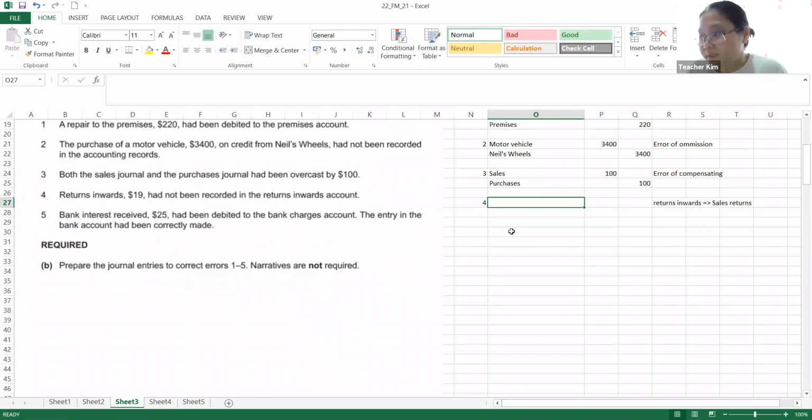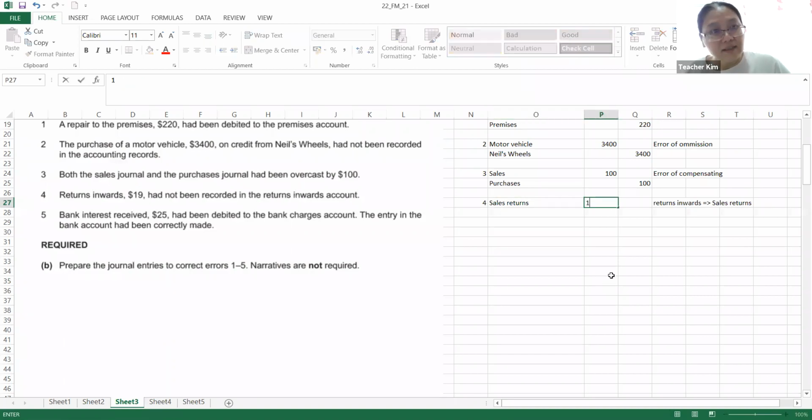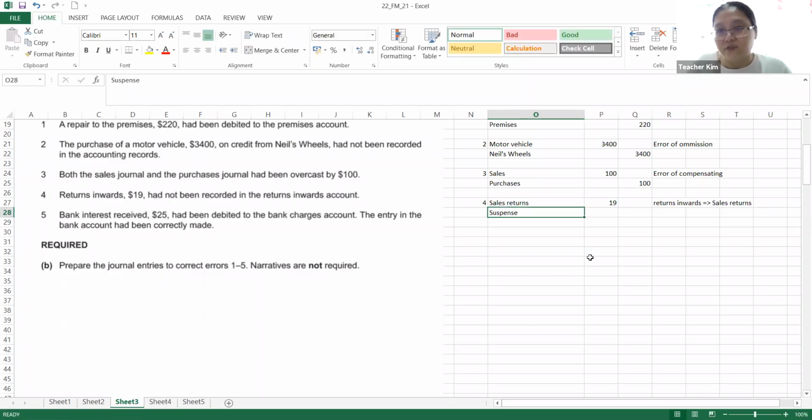If you want to put sales return, also can. So sales return is in the debit side. So this one did not record. So sales return 19. And because it's a one side, so we have to use suspense account. So suspense account 19.